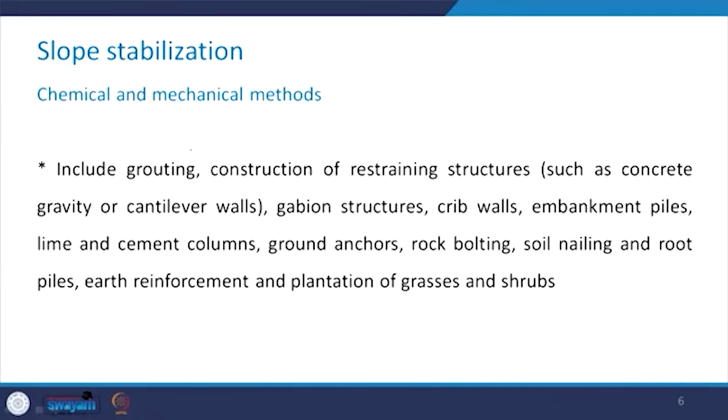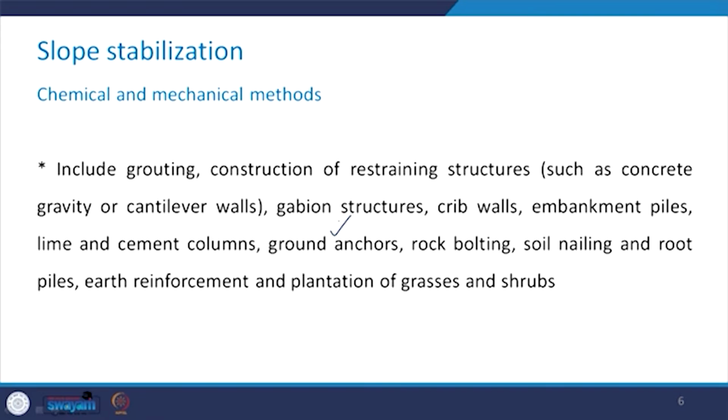These include grouting, construction of restraining structures such as concrete gravity or cantilever walls, gabion structures, crib walls, embankment piles, lime and cement columns, ground anchors, rock bolting, soil nailing and root piles, earth reinforcement and plantation of grasses and shrubs.